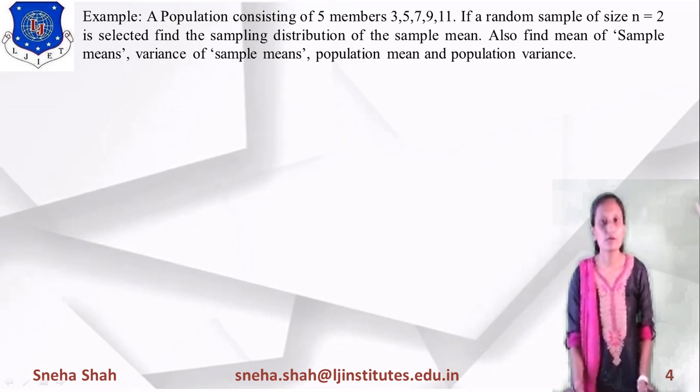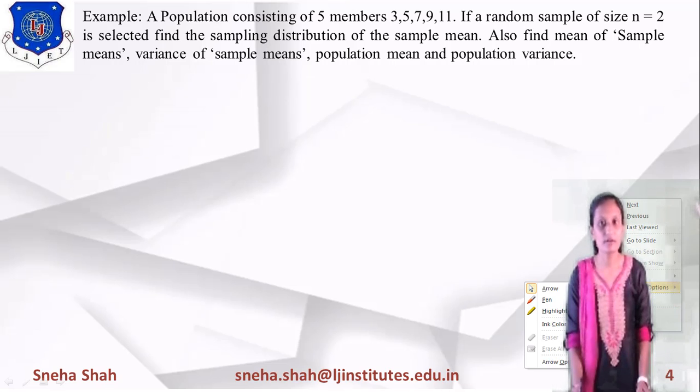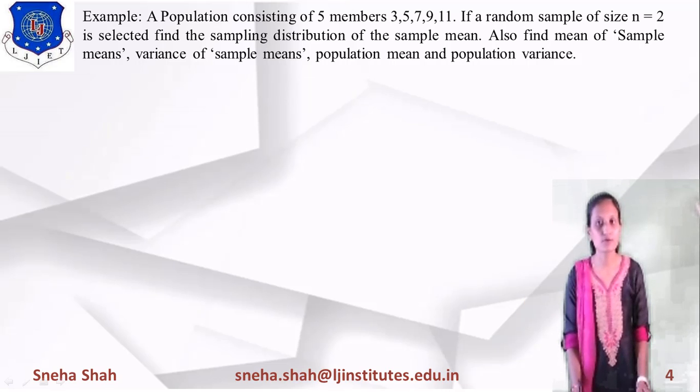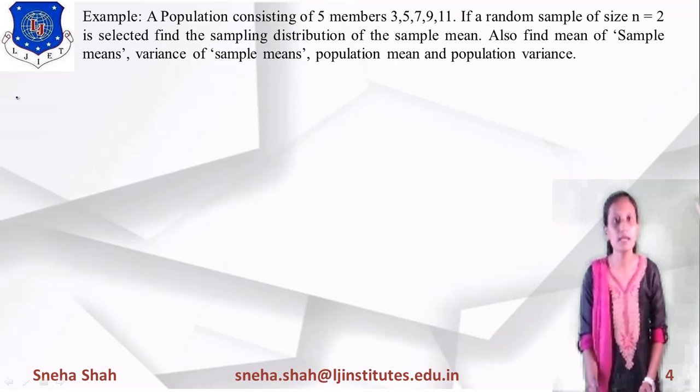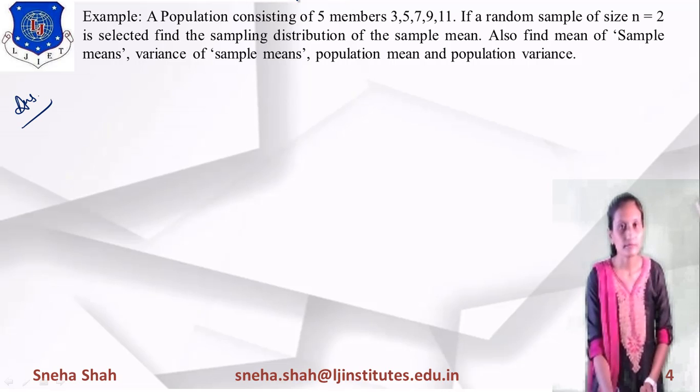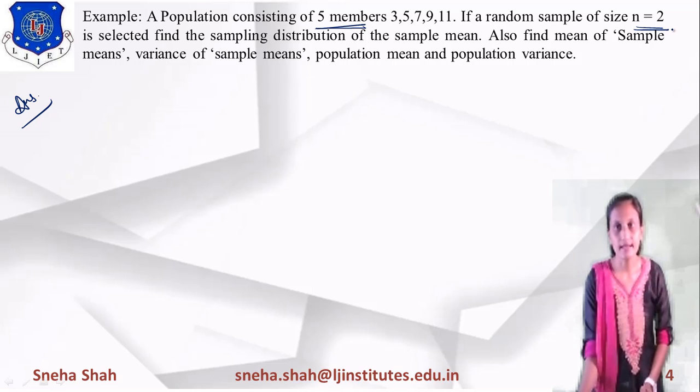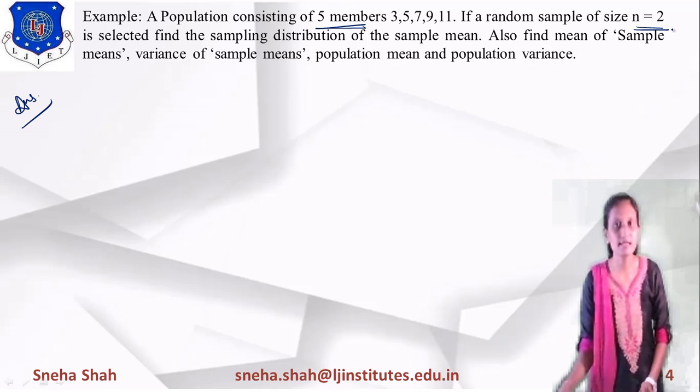To solve this example, first of all we find how many total samples there will be. As you know, 5 members are there, and n equals 2 means we have to select a sample of size 2 at the same time.